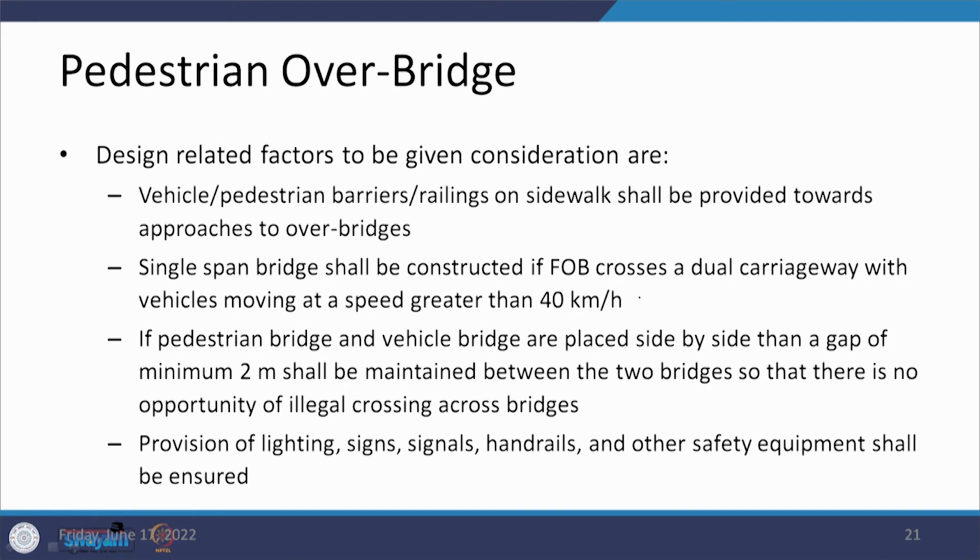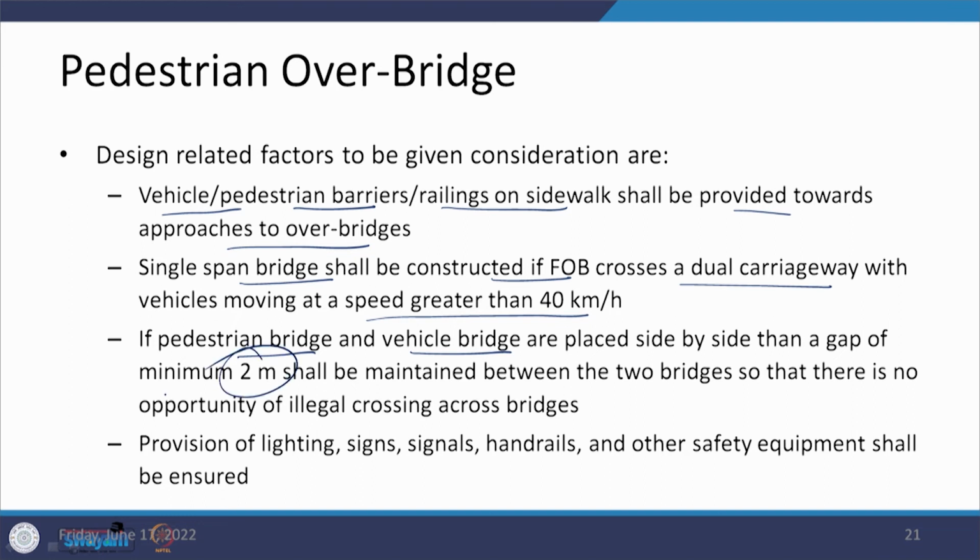Now, the other factors are that vehicle and pedestrian barriers or railings on the sidewalk shall be provided towards the approaches to overbridges. A single span bridge shall be constructed if the FOV crosses a dual carriageway where the speeds are greater than 40 kilometers per hour. If there is a pedestrian bridge and a vehicle bridge placed side by side, then there should be a gap of 2 meters between the two bridges.